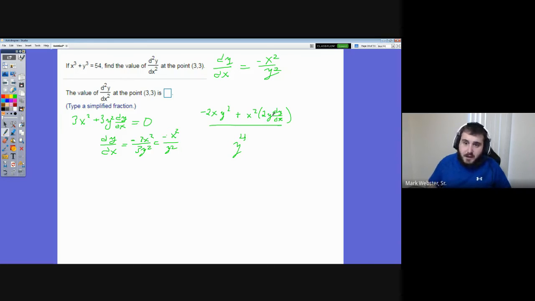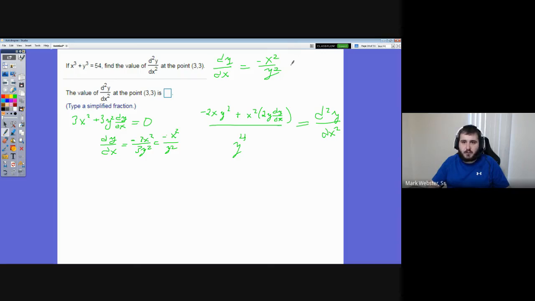And here's what I'm going to tell you. Yeah, you could take this and put it right here, but we're trying to get a numerical value anyway, right? You don't need to. You can plug in 3 for x and 3 for y everywhere. You can actually get the derivative here, and then you can plug the number in here.